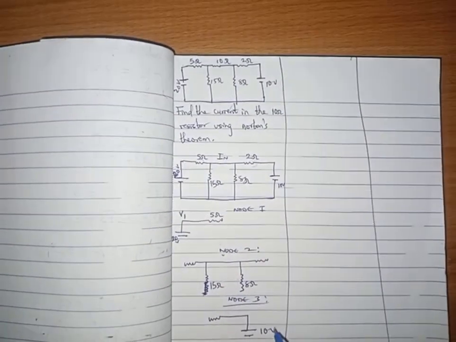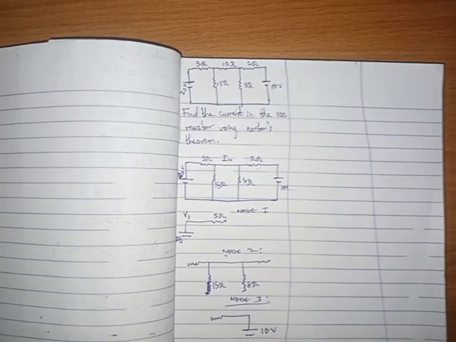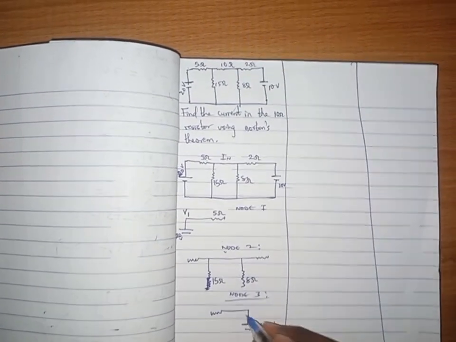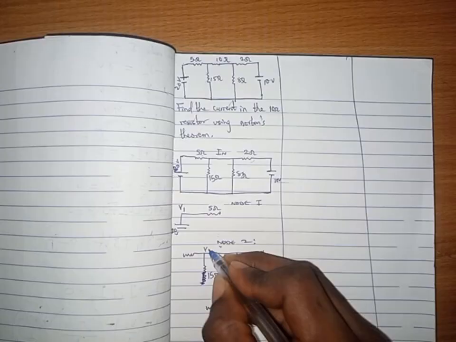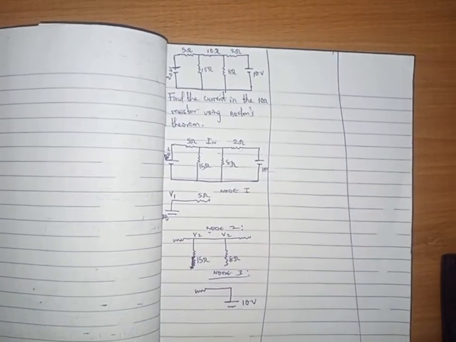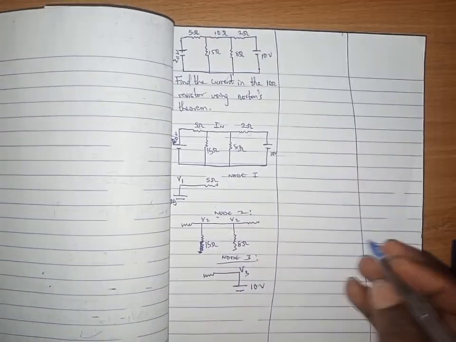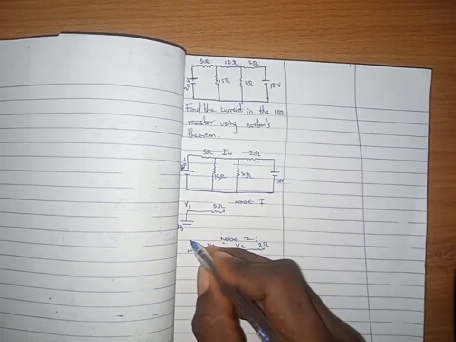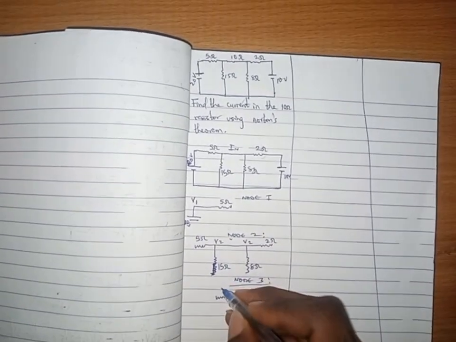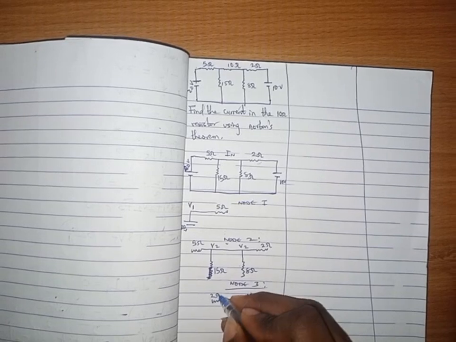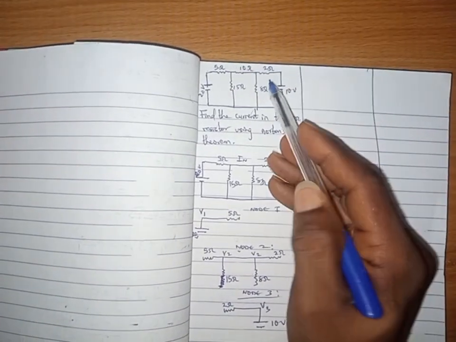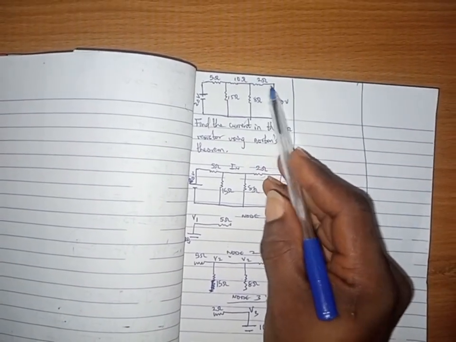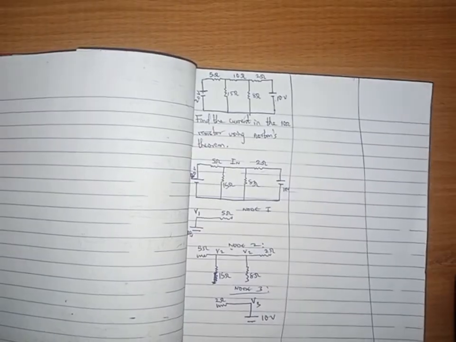So if I do that, that means for the top node I have 3 nodes. Everything here is V2 since it's in node 2. Everything here is V3 since it's in node 3. So remember that what I have here is 2 ohm, and what I have here is 5 ohm. What I have here is the same 2 ohm. And notice that resistor to voltage there is now in node 3, so take note of that.